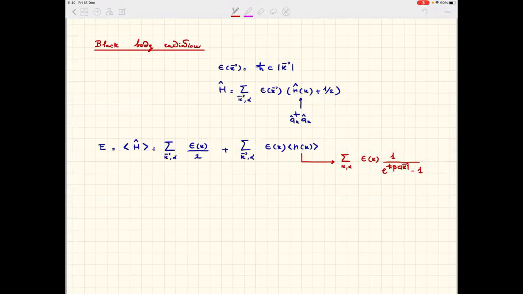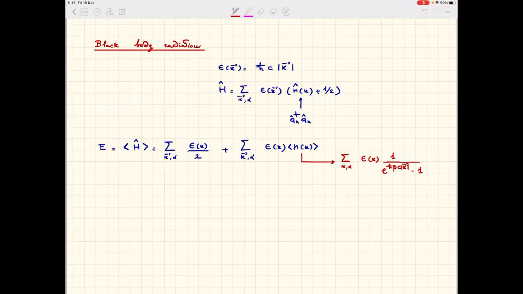And you fix the chemical potential at each temperature by the technique that I've shown you last time. Essentially, you require that the total number of atoms is equal to the sum over k of the Bose-Einstein distribution with the appropriate chemical potential, and you solve this equation for mu for each temperature.